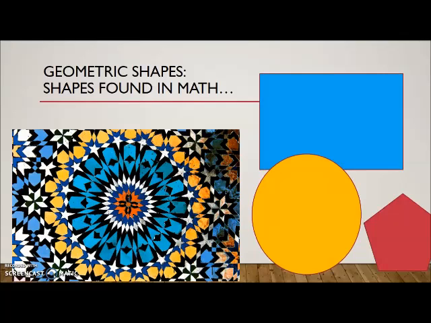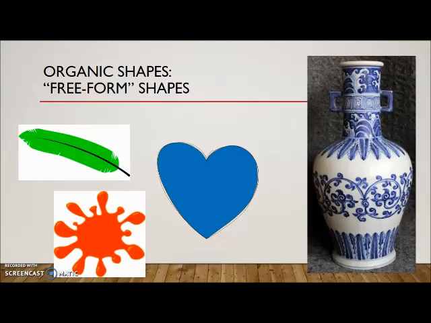Geometric shapes are measurable. Therefore, we can find the area or the perimeter of geometric shapes because these are shapes that are measurable in math. On the contrary, organic shapes are free-form shapes.